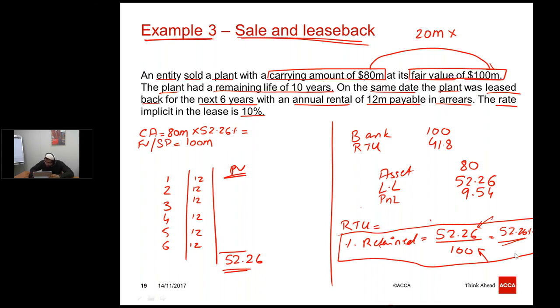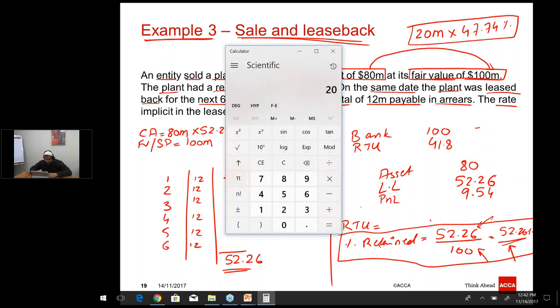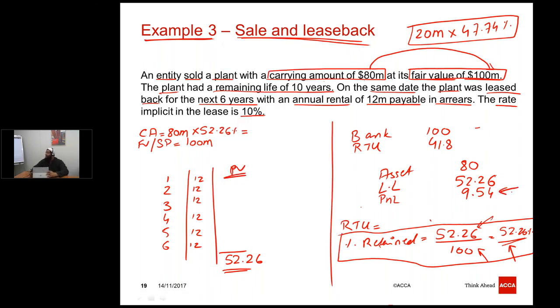Actually, we have retained 52.26%, which means we have transferred 47.74%. So if we calculate the gain on the percentage that we have transferred, this would become 20 into 47.74%. That is going to be 9.54. And this is the answer that we have calculated.